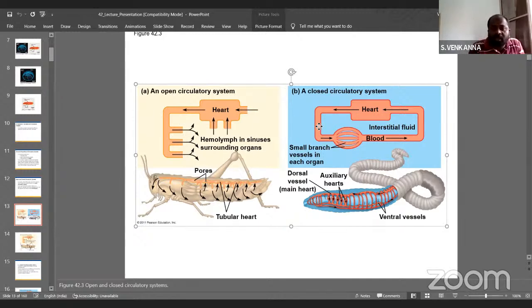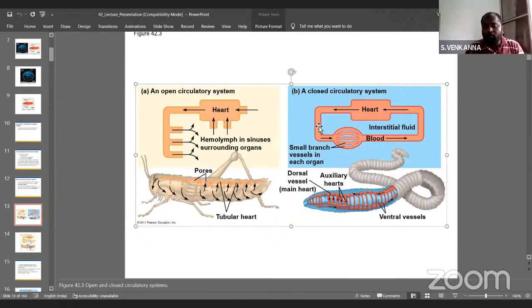Next is the closed circulatory system. It is found in all vertebrates, as well as some invertebrates like earthworms.